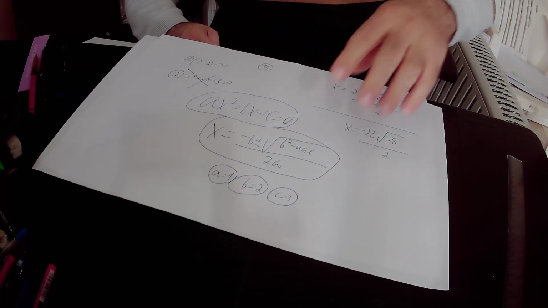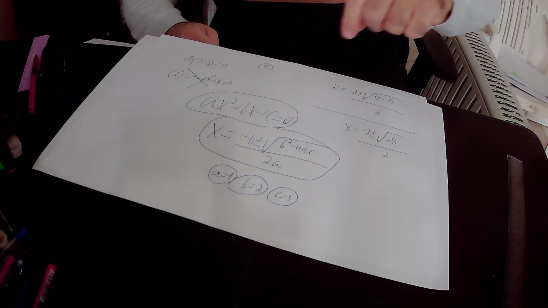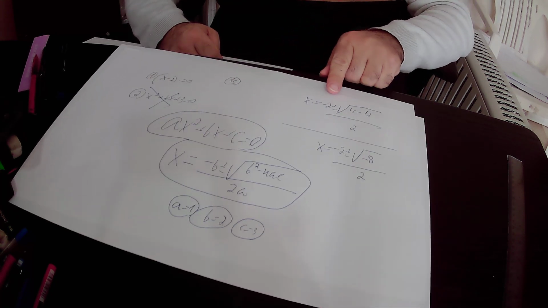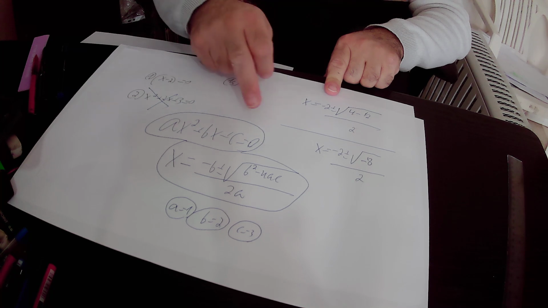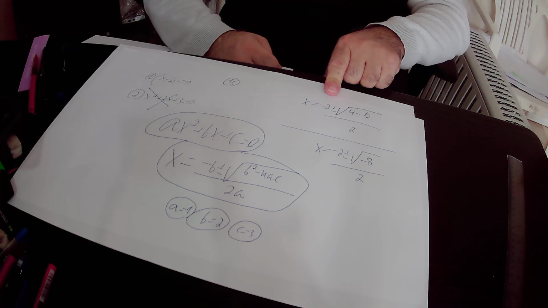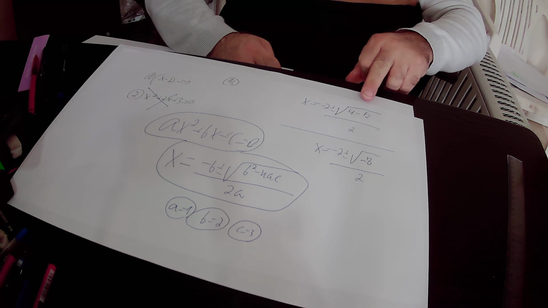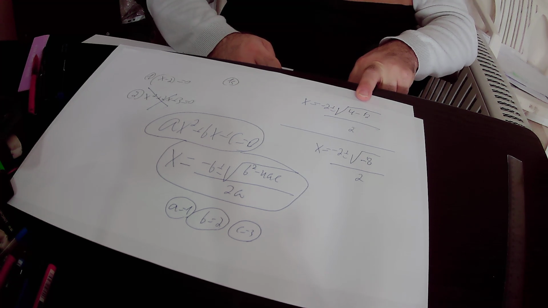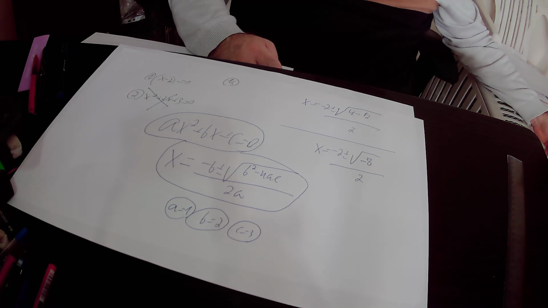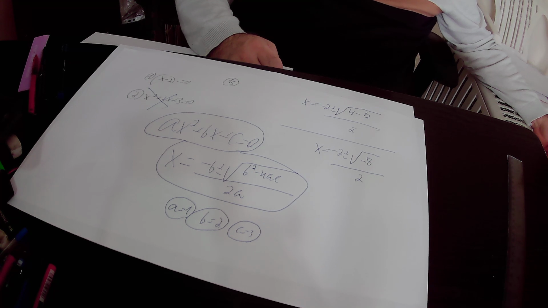So we put the data inside the formula for x, and found that x equals minus b, and b equals 2, so minus b is minus 2, plus minus the square root of b squared, which is 2 squared, 2 squared is 4, and minus 4 times a, which is 1, times c, which is 3, so minus 4 times 3 is 12.